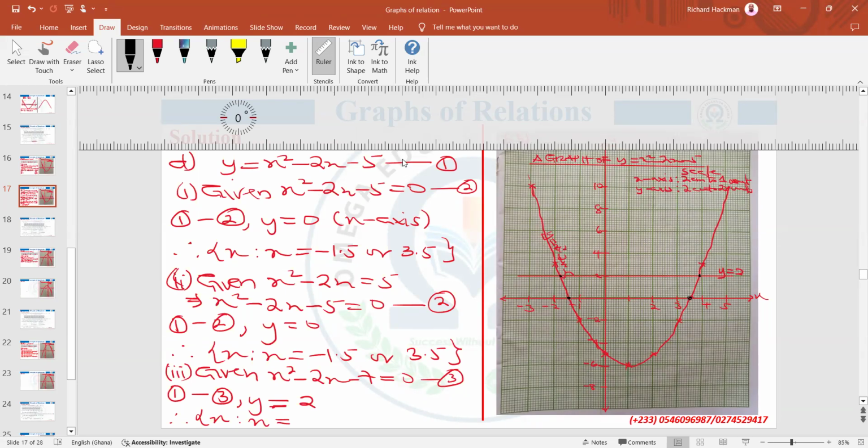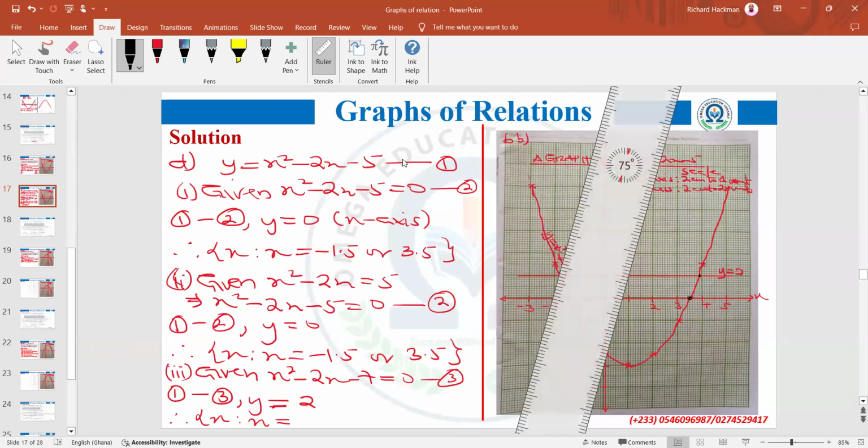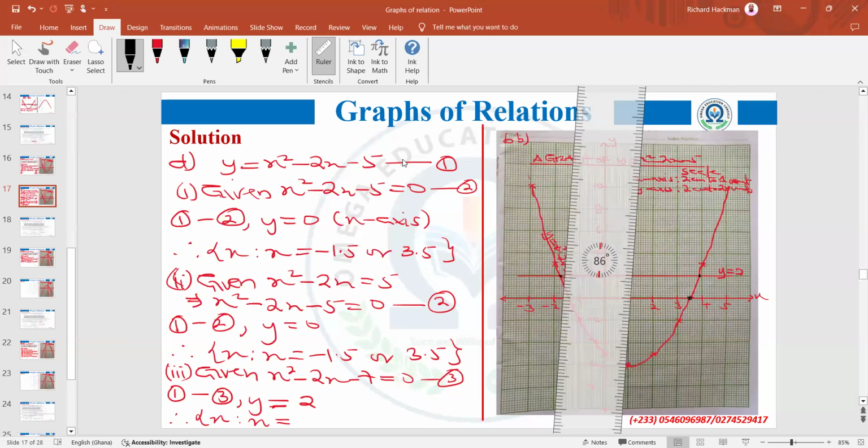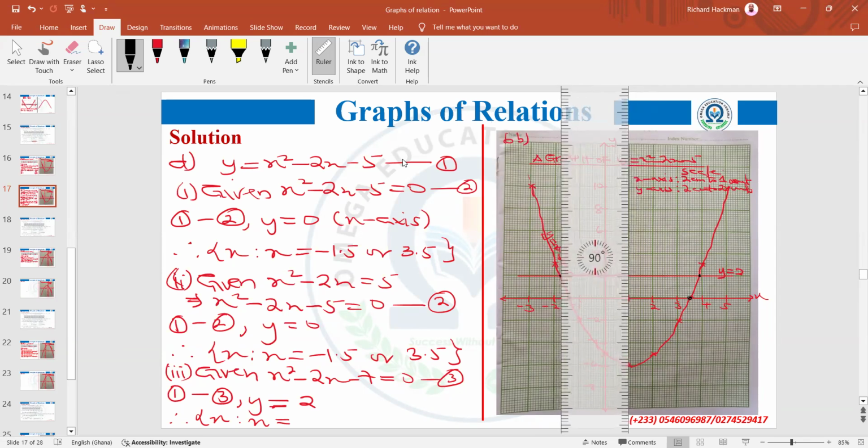So if you want to trace and get the s values, you cannot trace up, because if you trace up, you won't meet any x-axis there. So you have to trace down. Is that clear? So we are going to trace down. I'm also going to trace, so please try and follow. If you have any question, then you ask.